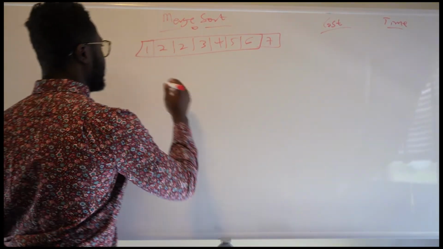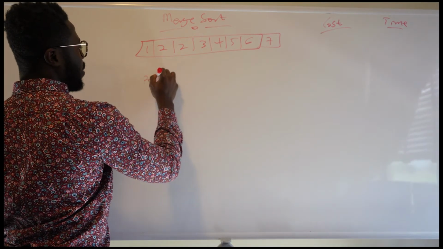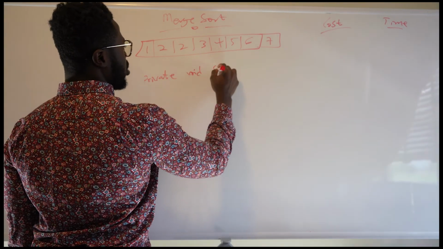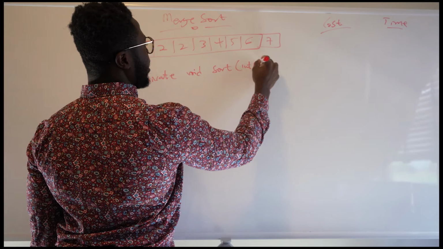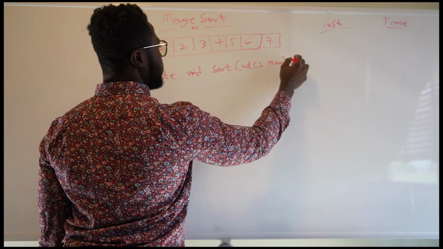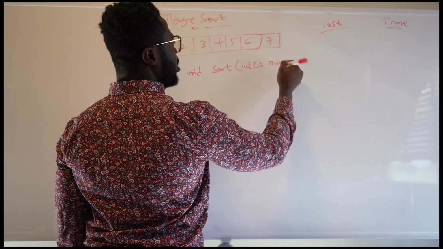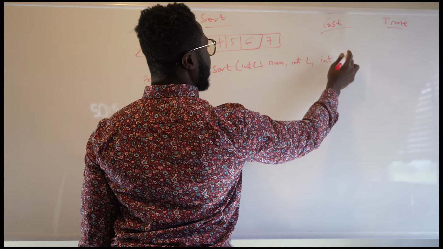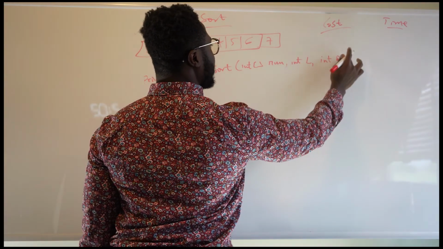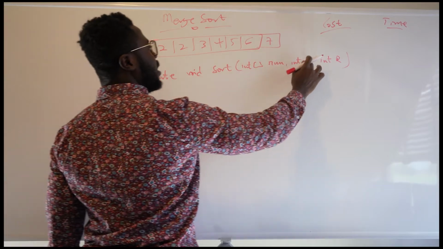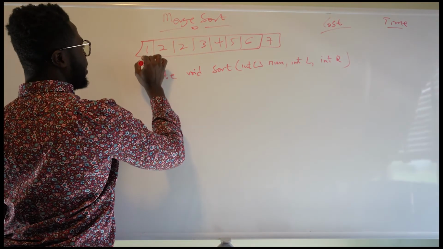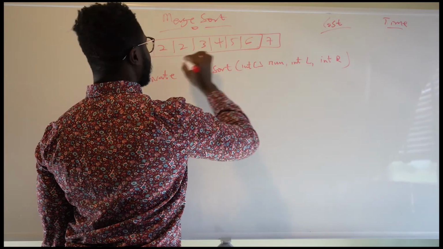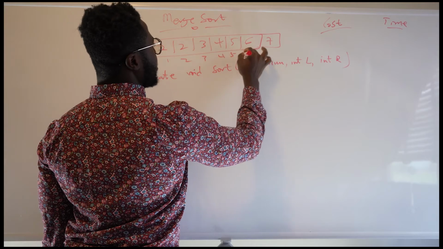You call merge sort, like private void sort, where you have the array, which is nums, and an integer L and an R. L is 0 and R is the last index, 0, 1, 2, 3, 4, 5, 6, 7.